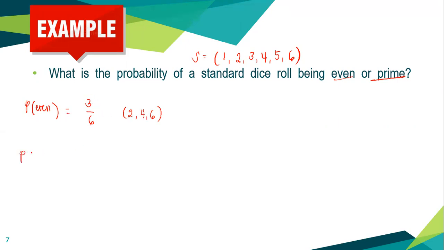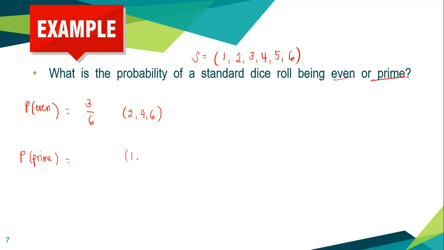How about probability of prime? So prime is different from odd kasi kadalasan even at odd yung magkasama. So again, si prime ay bukod kay odd. So kay prime, we have, ano ba yung mga prime numbers natin?